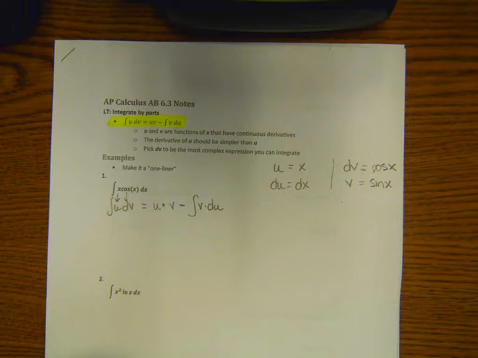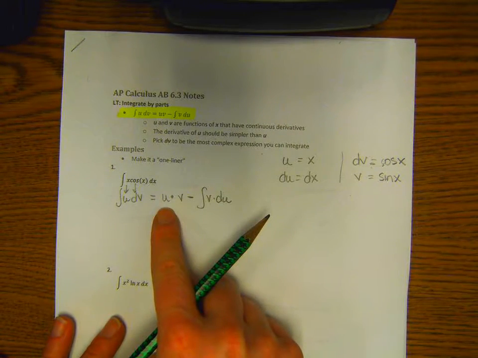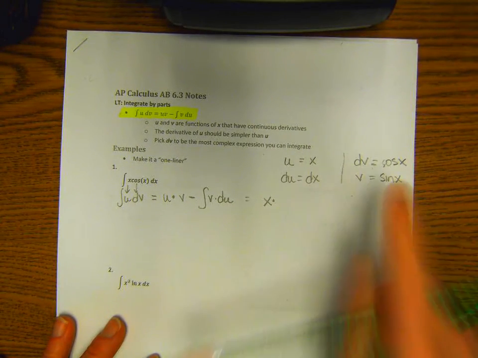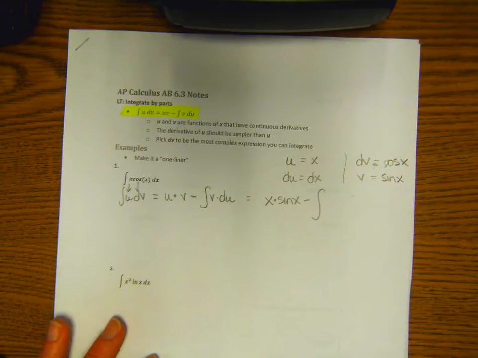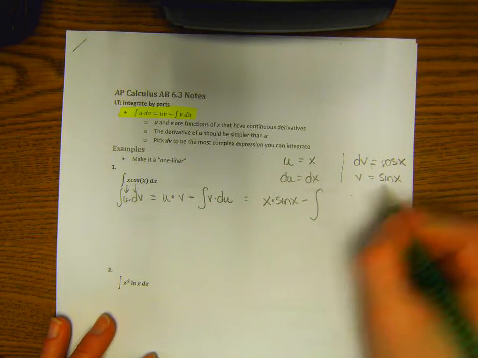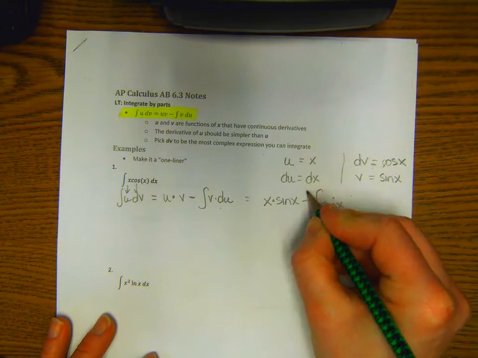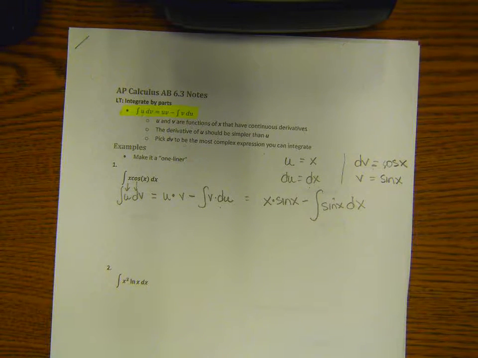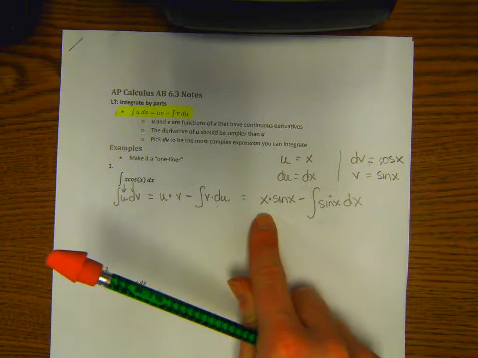You ready? So what's u? And v is sine of x, minus the integral of v du, which is sine of x, and what's du equal to? Dx. Okay. So I don't have to simplify this. I do have to integrate again on this.